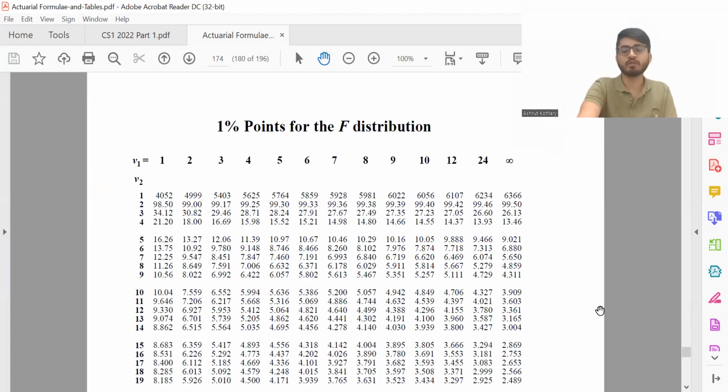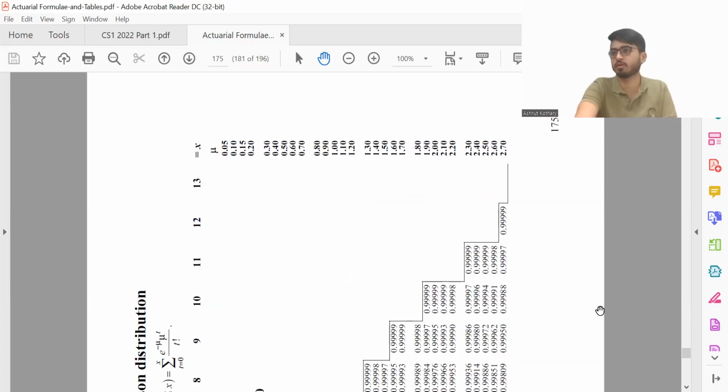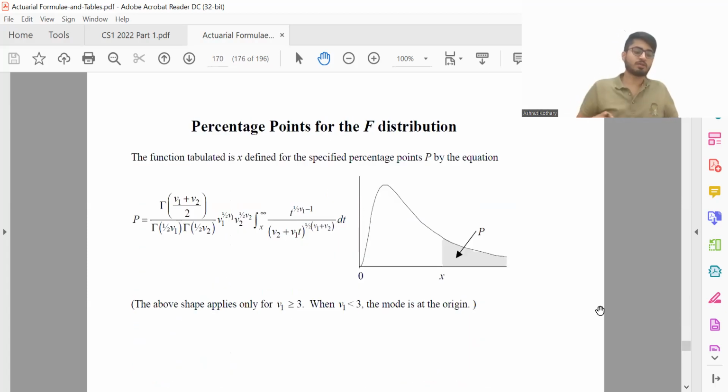So using this only, we need to calculate whatever relevant probabilities we are required to calculate. Everywhere we need to finally perform interpolation only. So we'll see how to go about it. So this was regarding all the standard distributions which we require, say in CS1 or even in papers like CS2 or CM2.